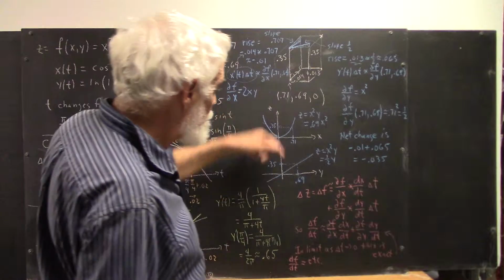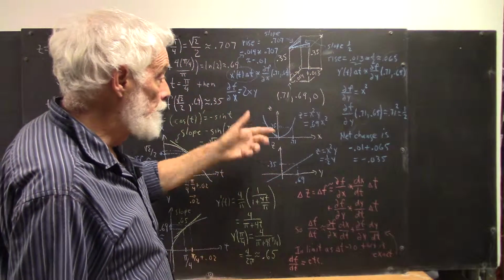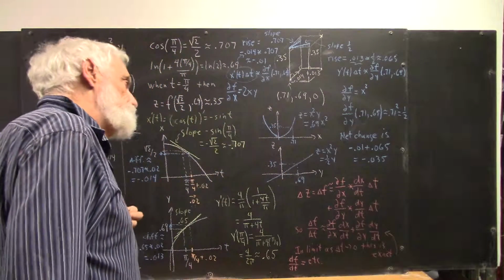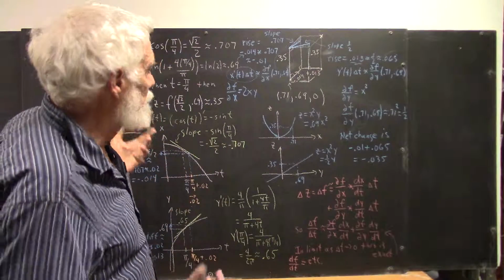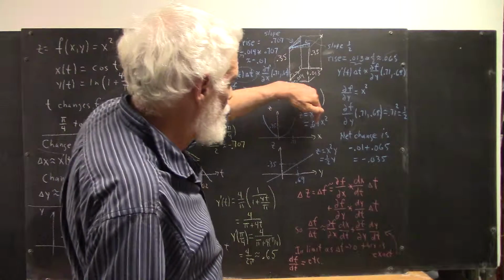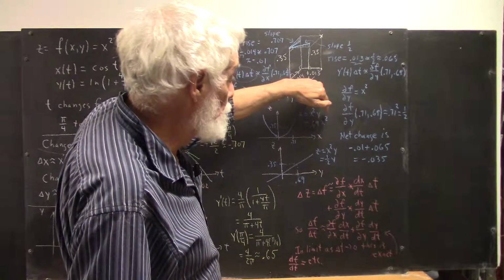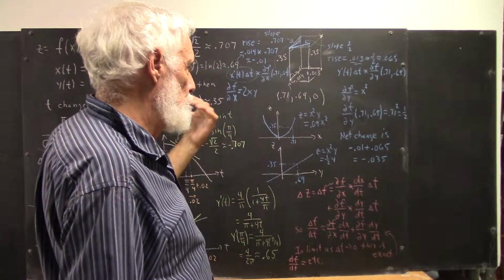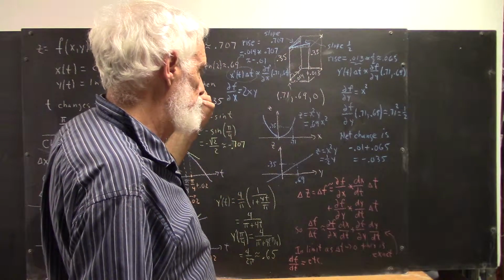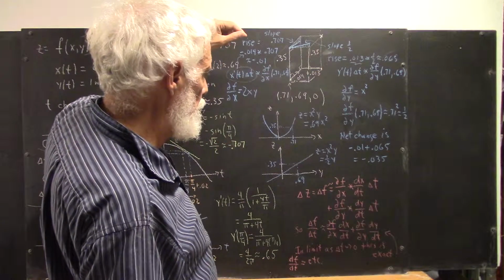The slope in the x direction in the vicinity of x equals 0.71 is approximately, where is it? I calculated it. 0.69 x squared, the derivative is then 1.38x, and we plug in the 0.71, and we get the value of the derivative.